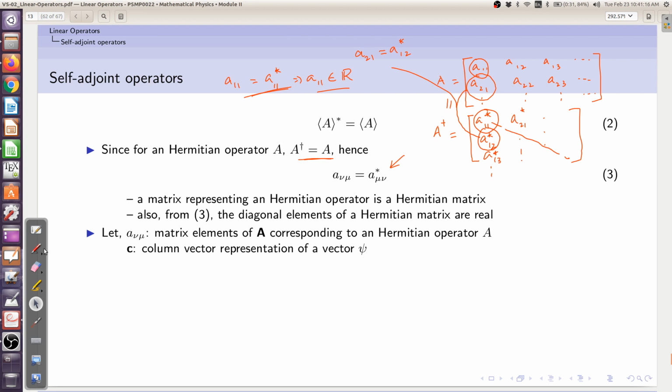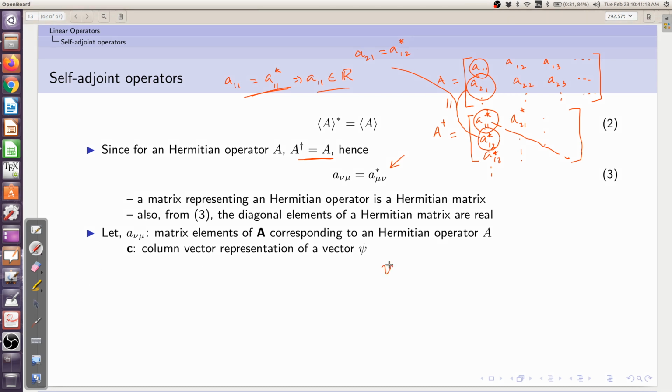Just to help you recall, suppose the basis is phi i. Then psi can be written as C1 phi 1 plus C2 phi 2 plus, and so on.